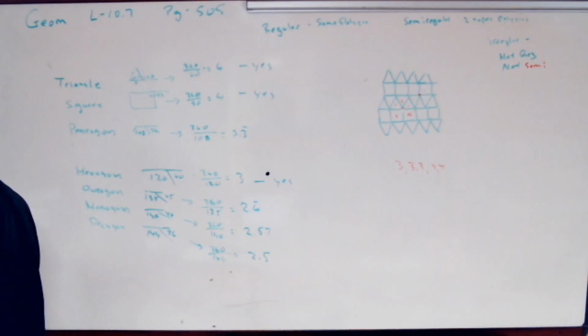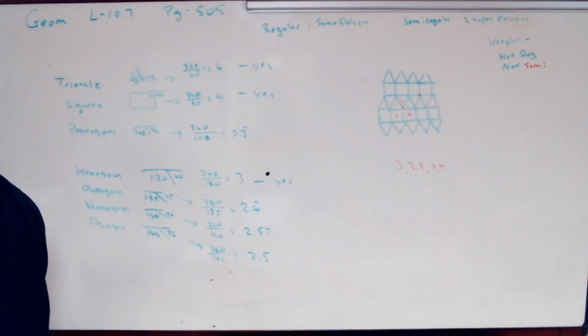If it's irregular, you don't have a numbering system on it. And so you just have to answer the questions. Number 1, can you use 1, 2, 3, 4?